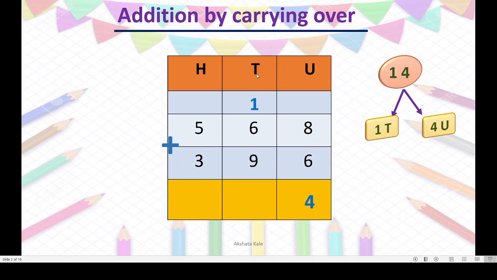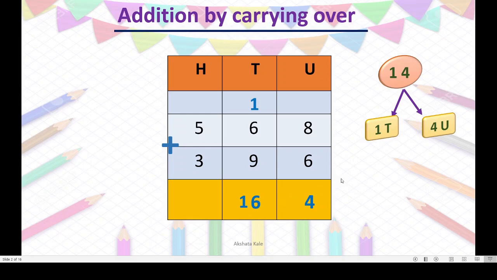You know this is tens place. Now we will add these tens, that is 1 ten plus 7 tens plus 9 tens, that is 16 tens. So I will write 6 and 1 again here, that is 16 tens.